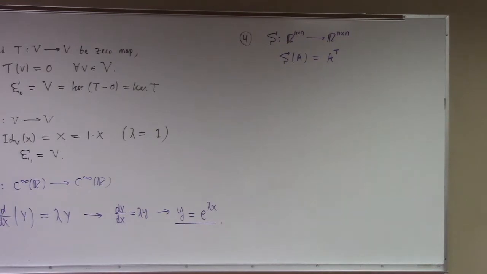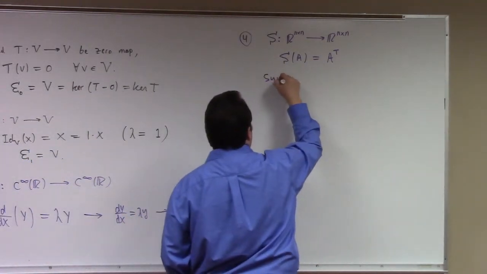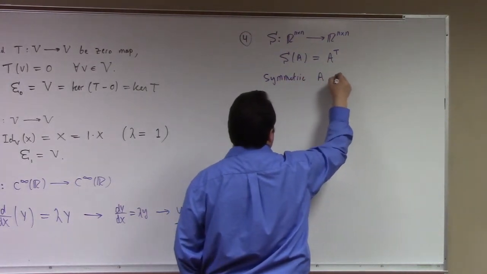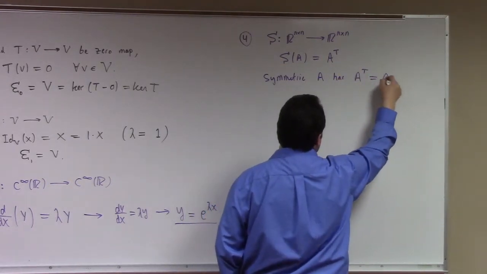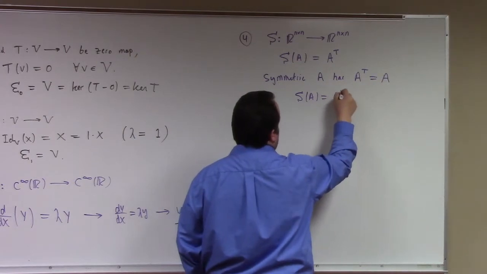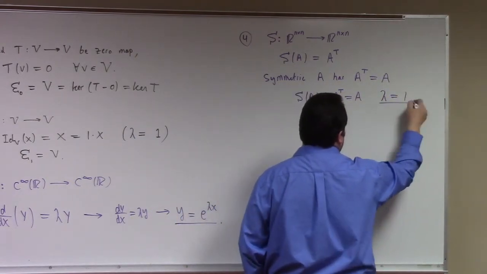Think about this. What if we have a symmetric matrix? What is a symmetric? Symmetric A has what? A transpose equals A, right? So that would give us S of A is equal to A transpose is equal to A. Apparently, we get eigenvalue 1.